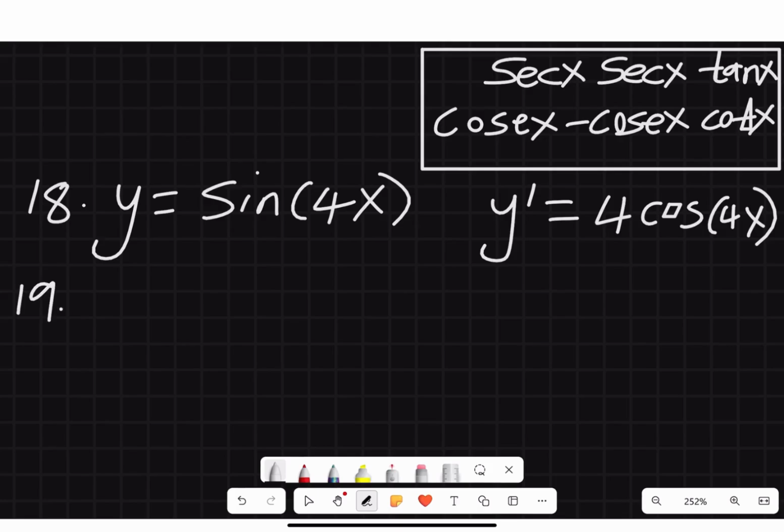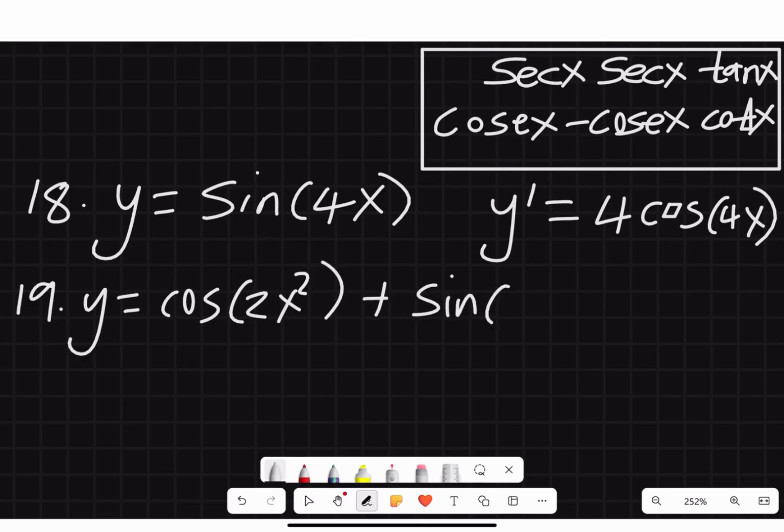19, you have y equals cos 2x squared, and then we also have plus sine 3x cubed, and then we need to differentiate this. Let's get the derivative. I will firstly multiply by the derivative of the angle, which we can all see is going to be 4x.